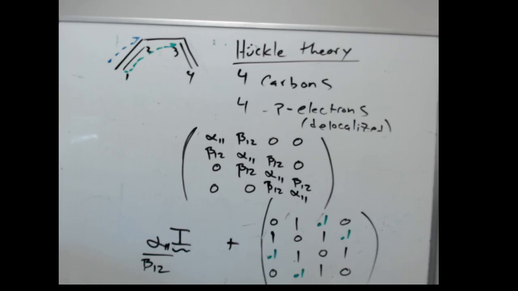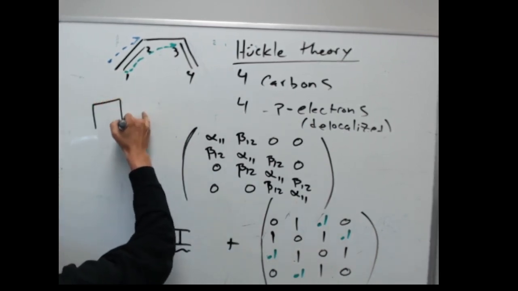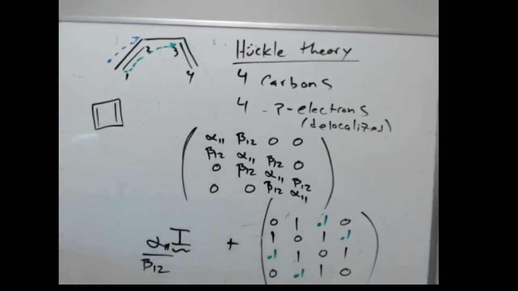Another thing we could do to modify it would be to change the entire function, like to change the chemical. So let's say I wanted to have carbon 1 and carbon 4 really connected to each other, like had a strong interaction. That would no longer be butadiene. That would be cyclobutadiene.